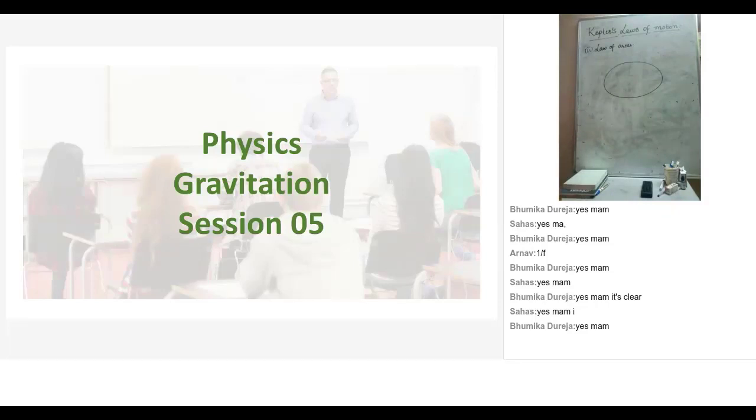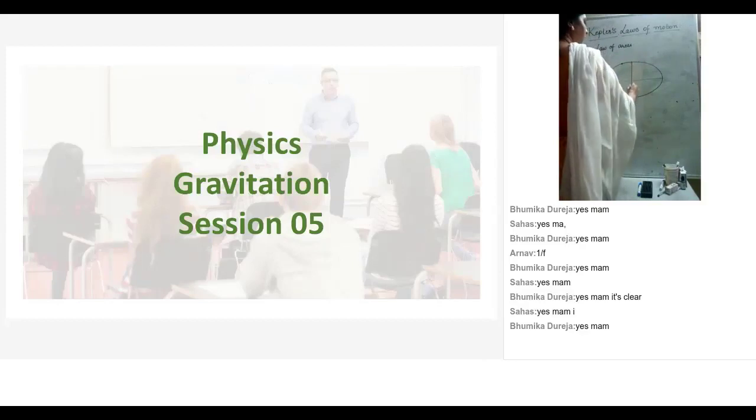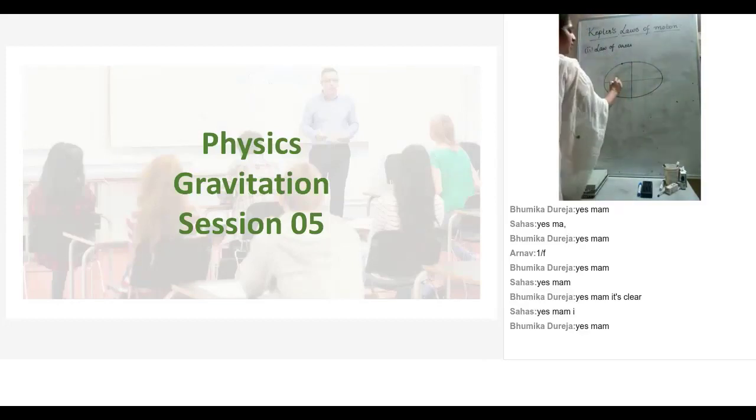This is the elliptical orbit of a planet. Let us consider the major axis and minor axis. The sun is here. Let us suppose this is the planet, P, and it is at position A. For a given time, after that time, the planet is seen in this position.